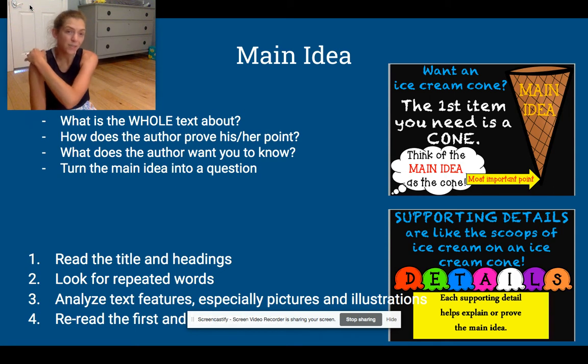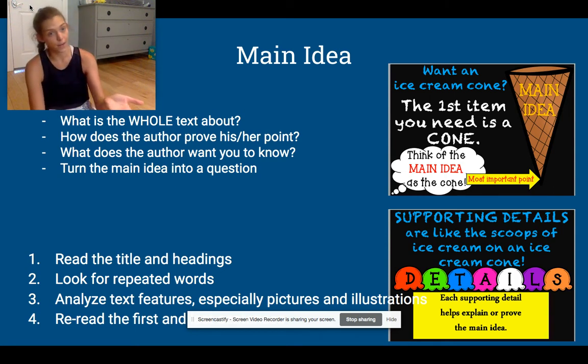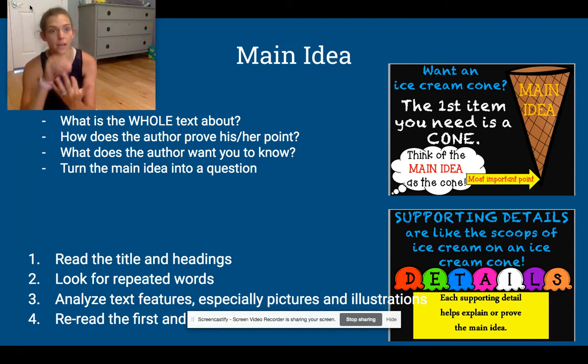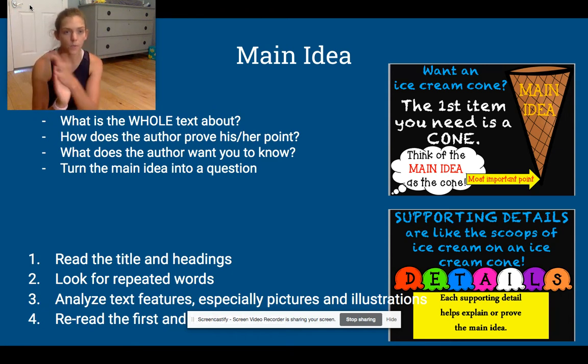When we look for key details, we want to make sure that we're not finding evidence from the text that just tells us our main idea over again, right? Why are you smart? Not because you're smart, that doesn't give me anything, but because you got A's, because your teacher praises you, because you have a good report card grade. Those are the supporting details, right? So we want to make sure that our supporting details are really supporting our main idea and are not just repeating our main idea, okay?